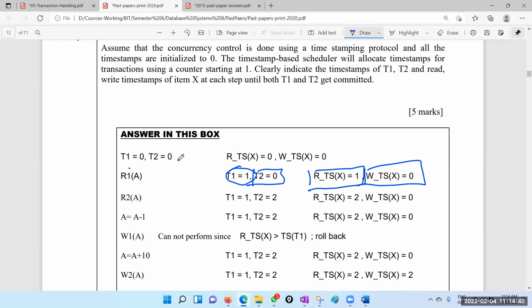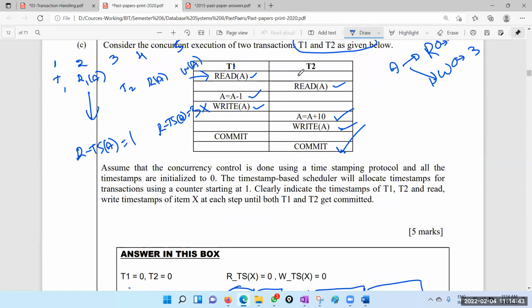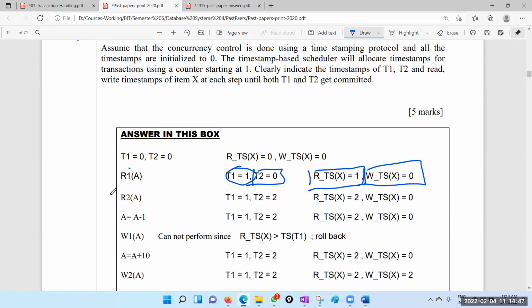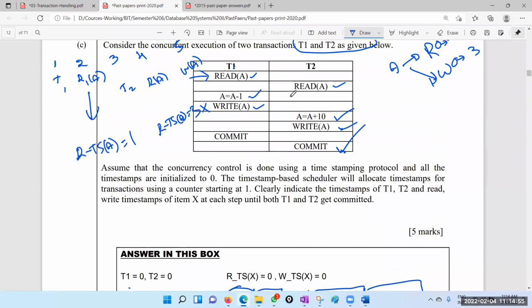Right. Now transaction 2 reads A. Still the transaction 1 timestamp is 1, and this is the timestamp where transaction 2 starts. So they have taken time units 1, 2, 3, etc. Therefore transaction 2 starts at the second time unit.